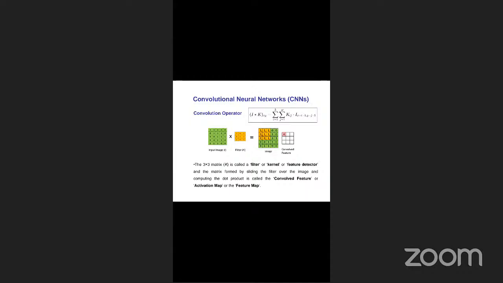The image 3 by 3 reduces to one single cell, and the number is 4. And I give the formula also: I star k at x, y equals the sum over i, j of k(i, j) times I(x minus i, y minus j). So we get the convoluted feature. We can call it a convoluted feature, activation map, or feature map.